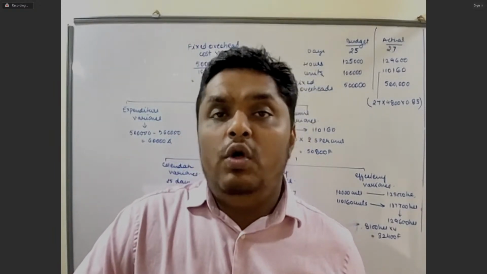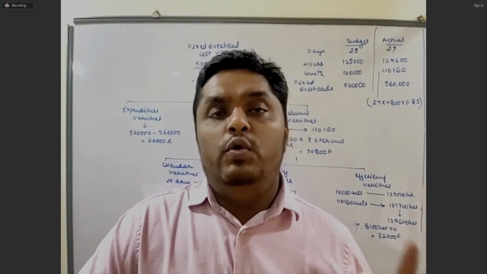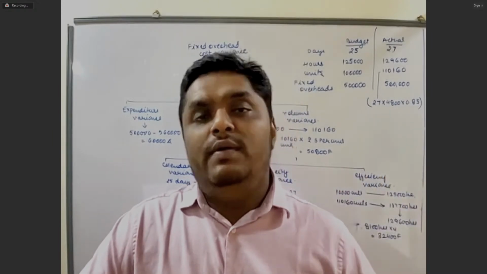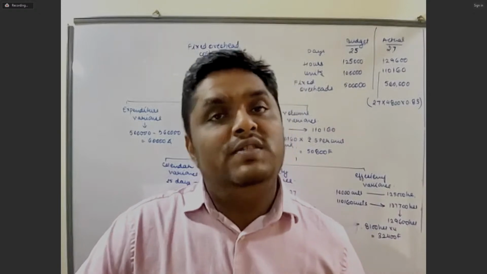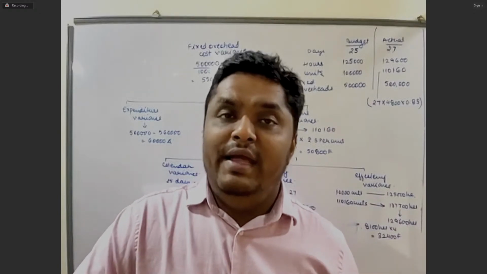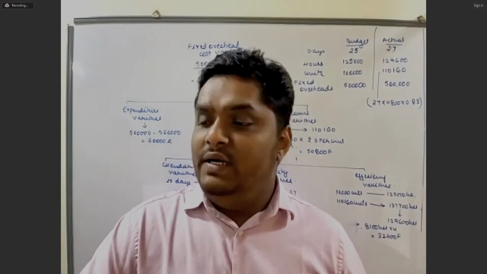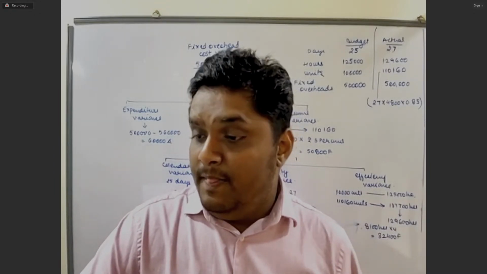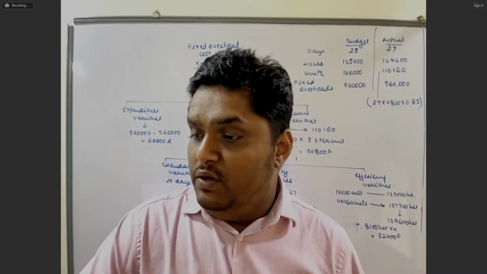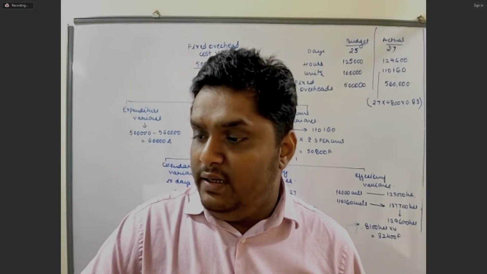Do make a note of it. If you forget to mention adverse or favorable, then you will get no marks for all the calculation. At the end of the day, you have to mention it clearly whether the variance is adverse or favorable. Very good, Sushil. Your answers are correct.